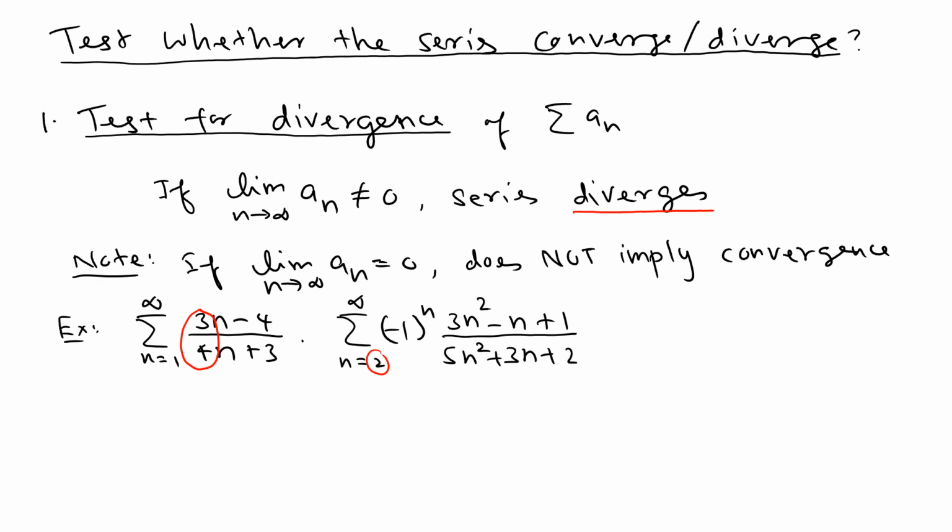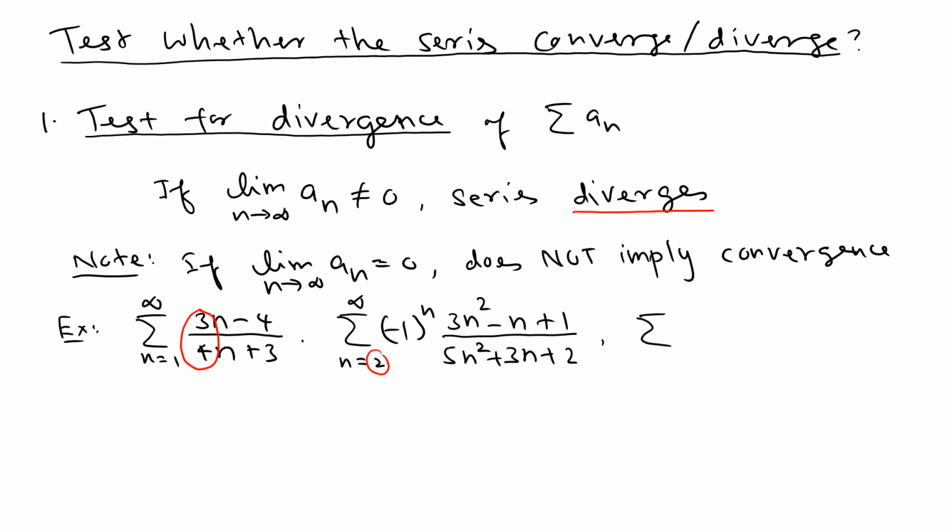You can see that the numerator and denominator have the exact same degree, so we know the limit is 3/5, but there's a (minus 1) to the n. That means it's going to fluctuate between negative 3/5 and positive 3/5. That means the limit does not exist in this case, so the series has to diverge. And also a few other examples. These are all problems that go under this category.